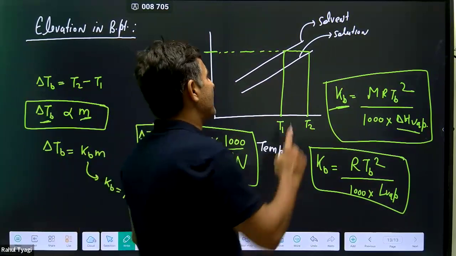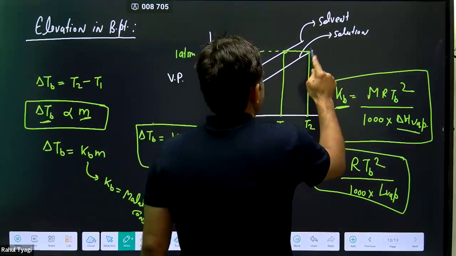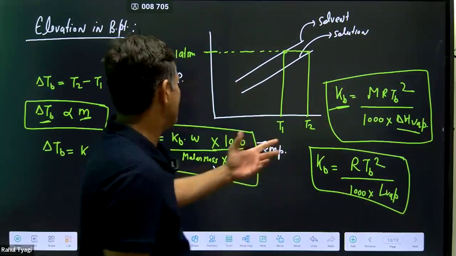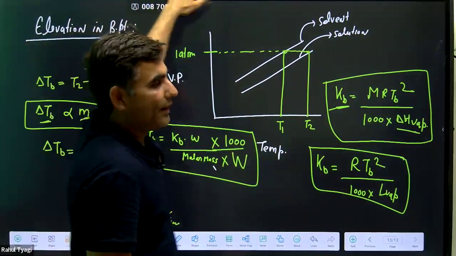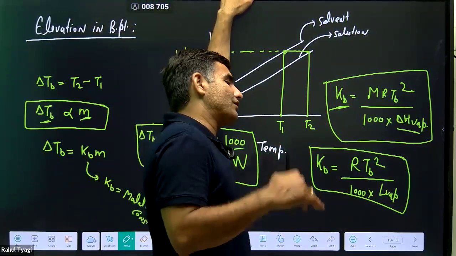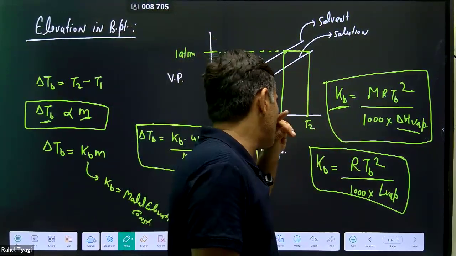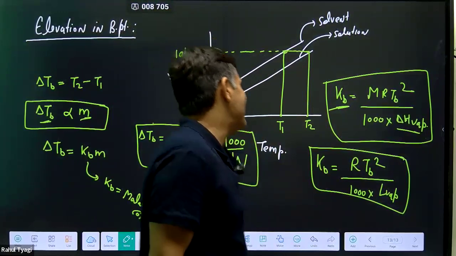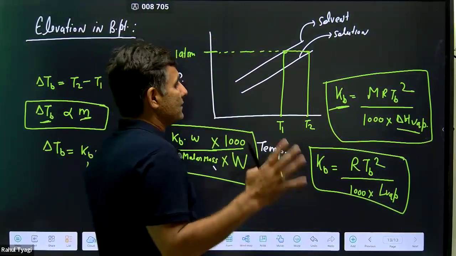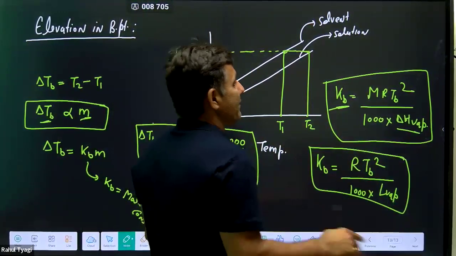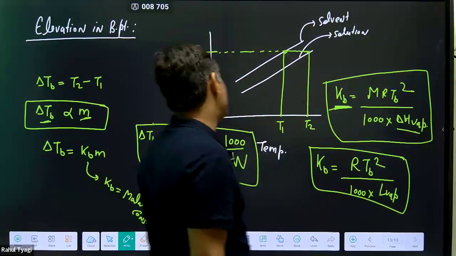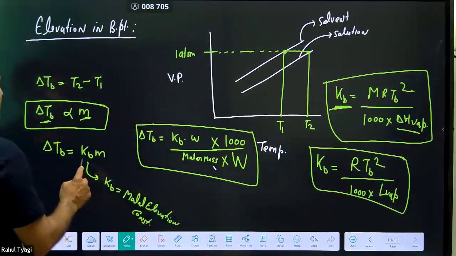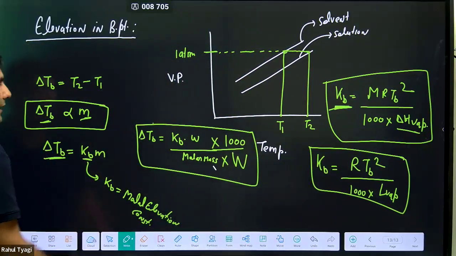Try to understand the graph. How adding the amount of solute raises the boiling point of the solution, and it majorly depends upon the nature of Kb. Greater the value of Kb, greater will be the elevation in boiling point.